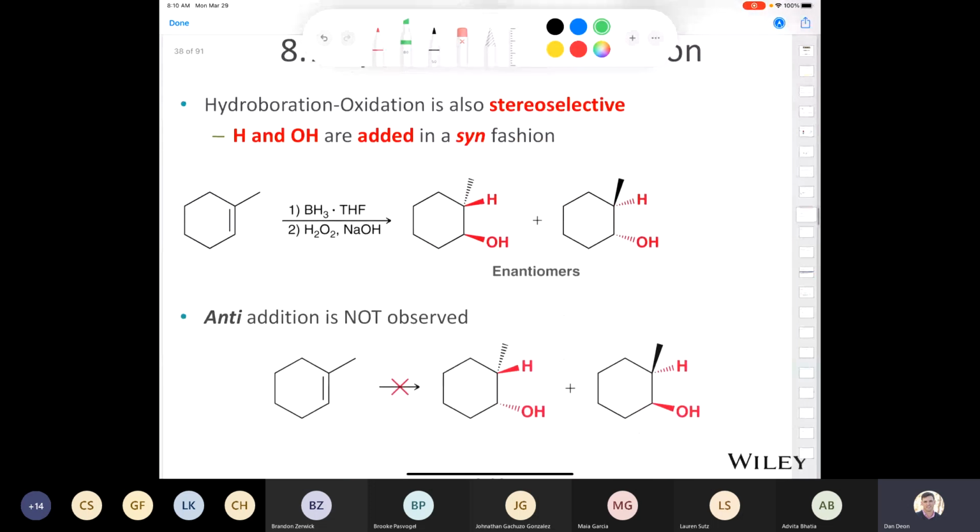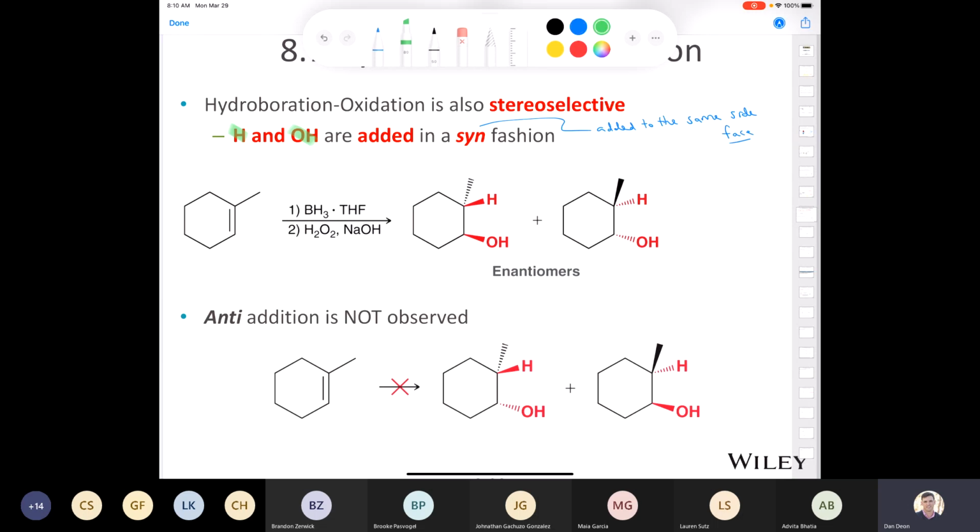If we have a double bond like this one here, and this is 1-methylcyclohexene, when we add the hydrogen and the hydroxyl, they're added in what's called a syn fashion. Syn means nothing more than the hydrogen and the hydroxyl are added to the same side. We usually don't say the same side in organic chemistry. We usually say the same face of the molecule.